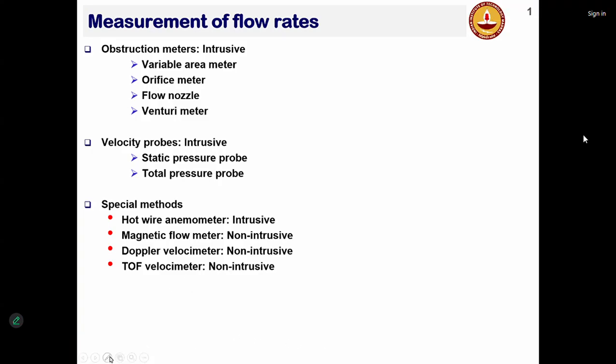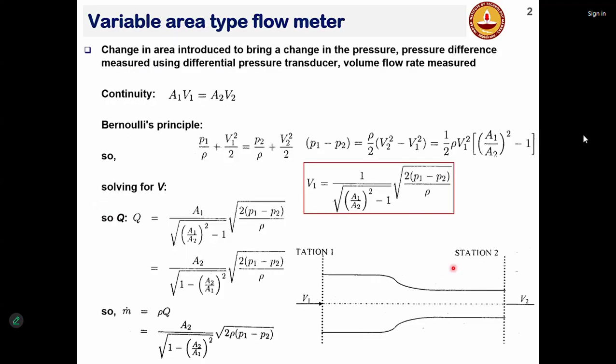So we will talk about these three different types of non-intrusive flow rate measurement devices. So to start with, let us talk about variable area type flow meter.